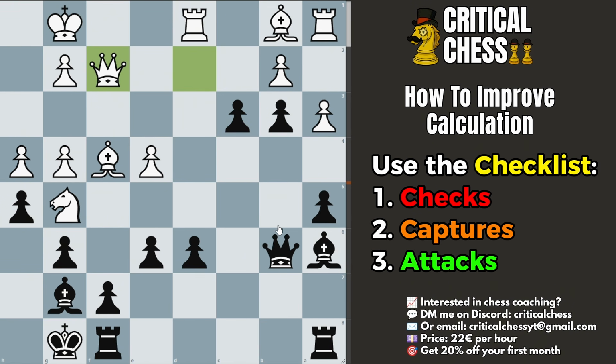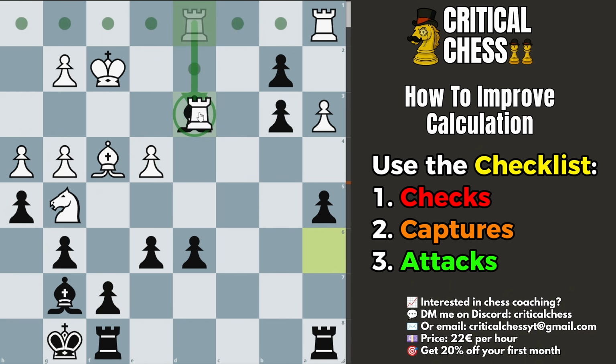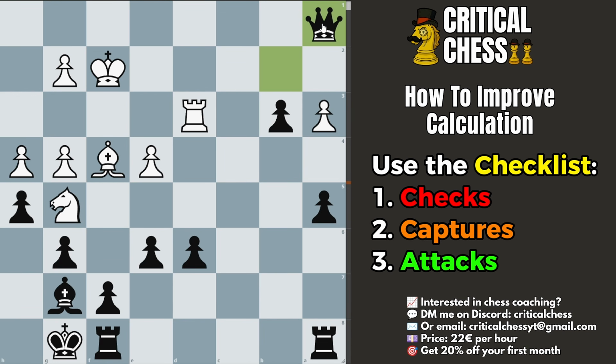Because if white blocks, then we can simply capture, king captures, and we capture on b2. This rook is trapped. We're going to be making a new queen. We're probably going to lose the new queen, but we're going to be winning the rook at least. Actually, we might even promote here because after bishop to d3, we can capture here first. And of course, they don't have to take, but if they do, now we're making a free queen, a whole new queen.